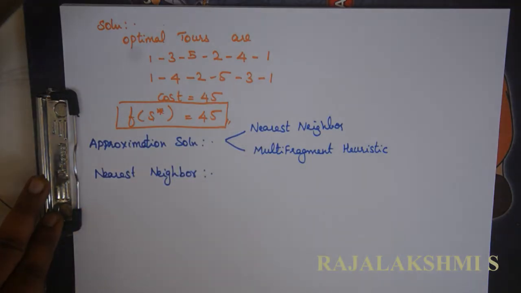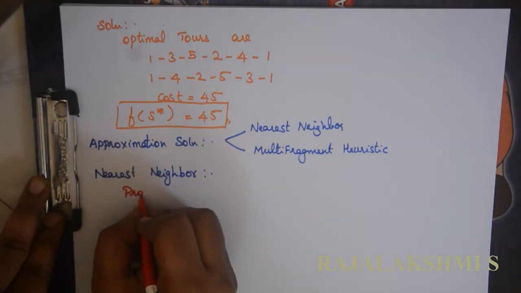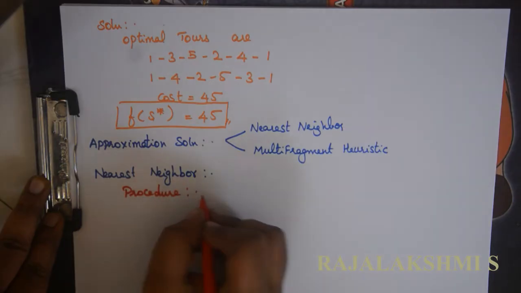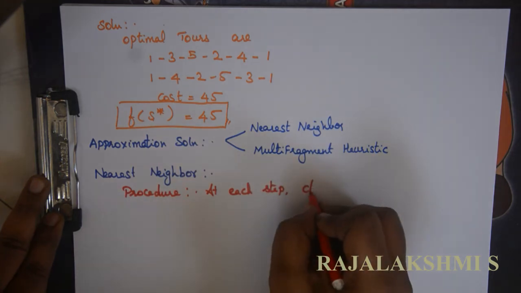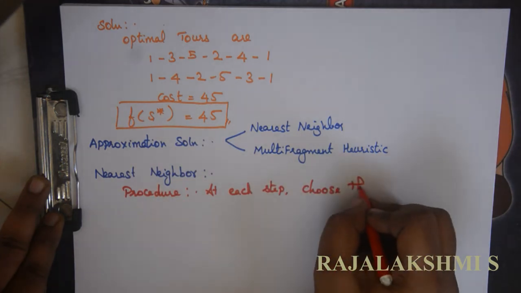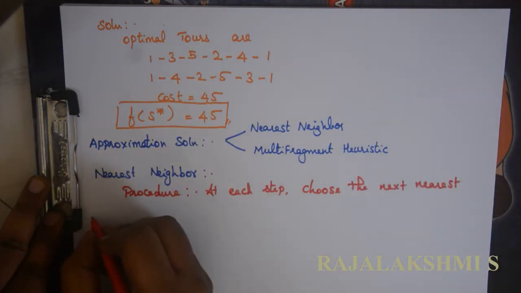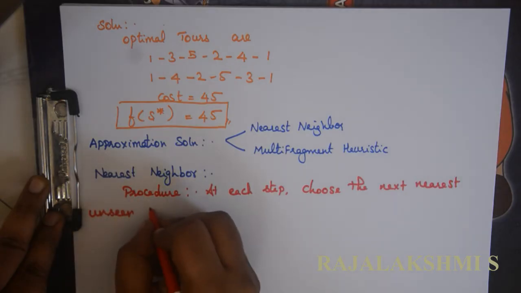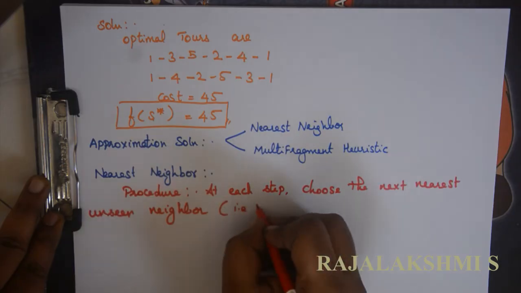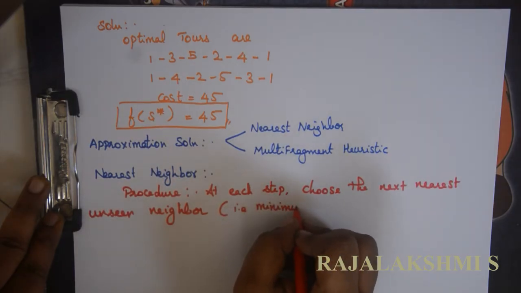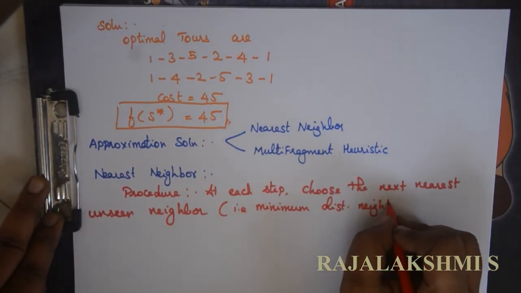Okay, so nearest neighbor, at each time step the procedure is: at each step choose the next nearest unseen neighbor, that is the minimum distance neighbor.